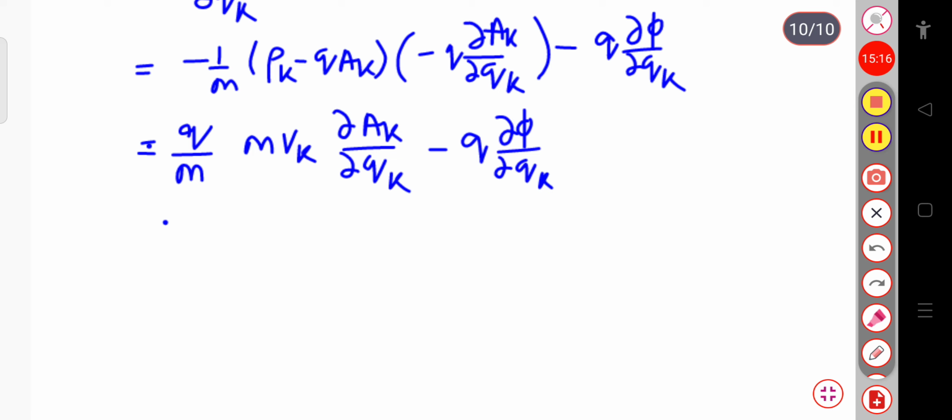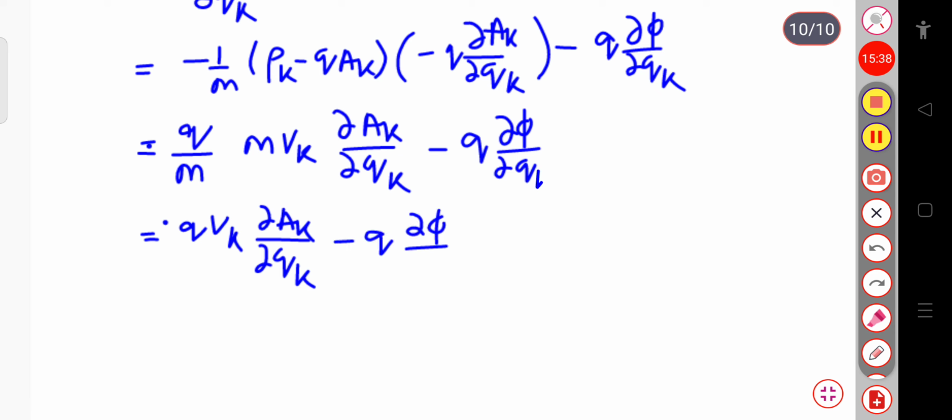This can also be written as q, the m's get cancelled, so this will be q times vk times ∂Ak/∂qk minus q ∂φ/∂qk.